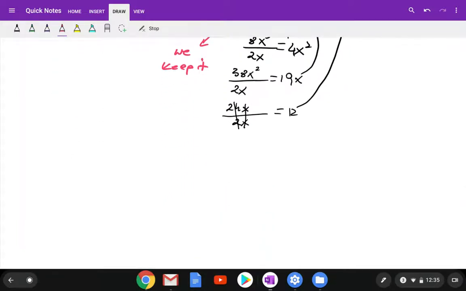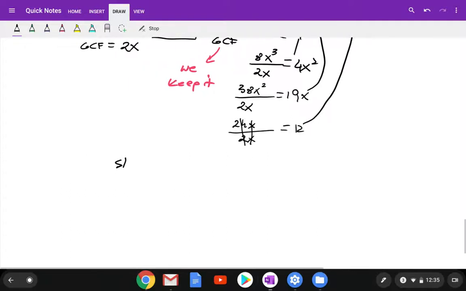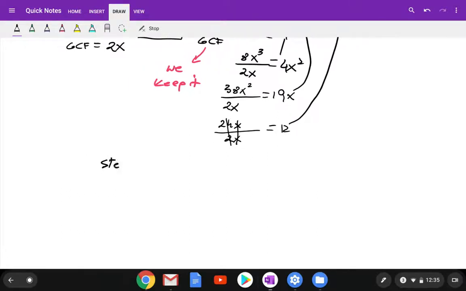Step 2, factor out 4x squared plus 19x plus 12 using AC method.